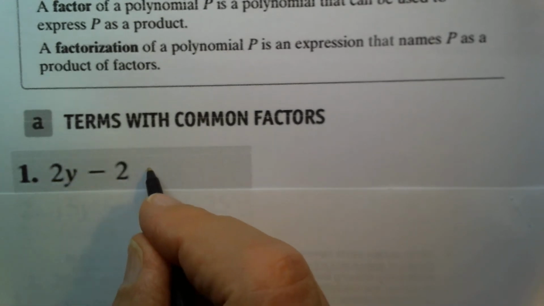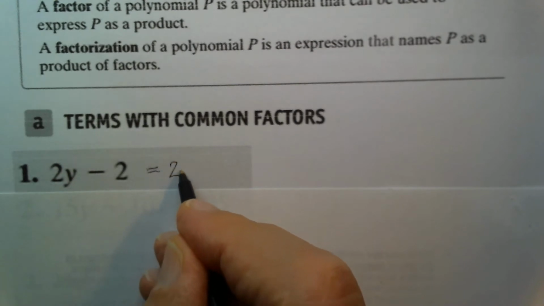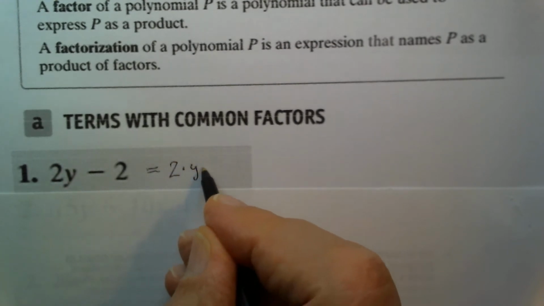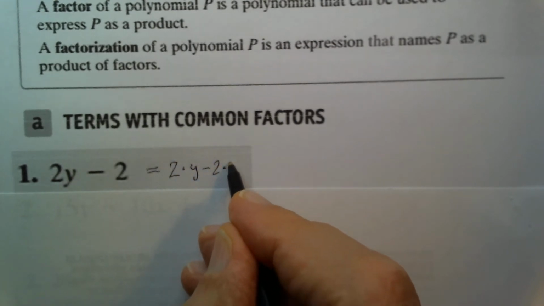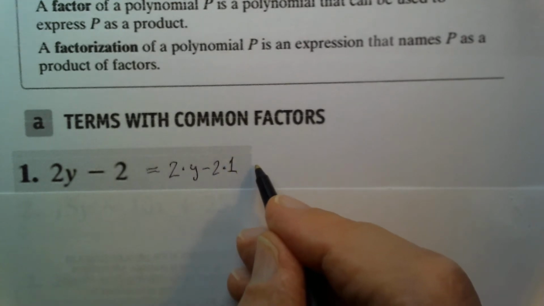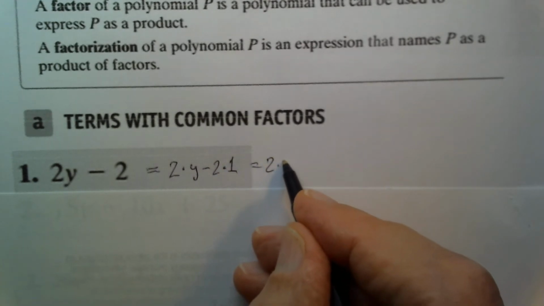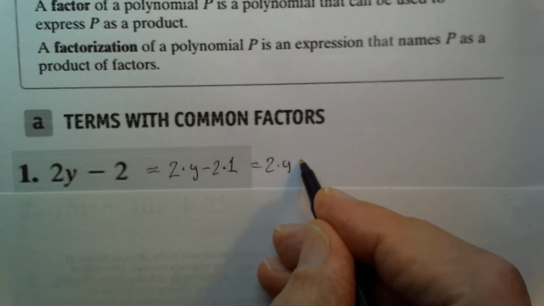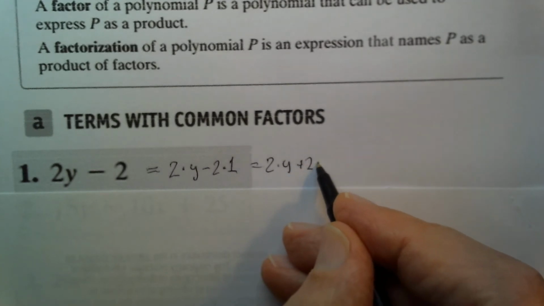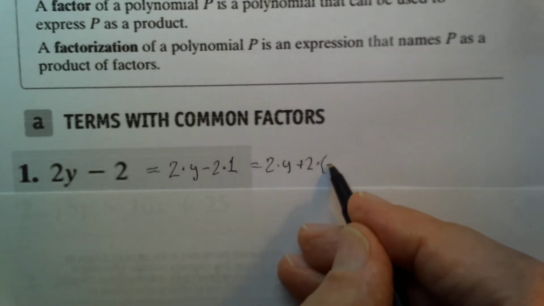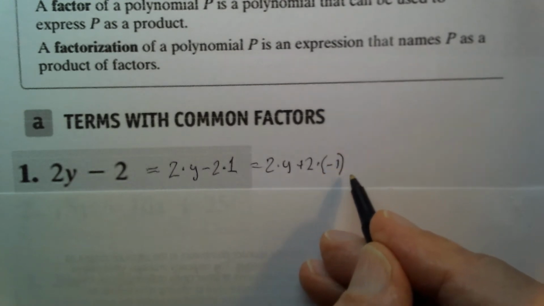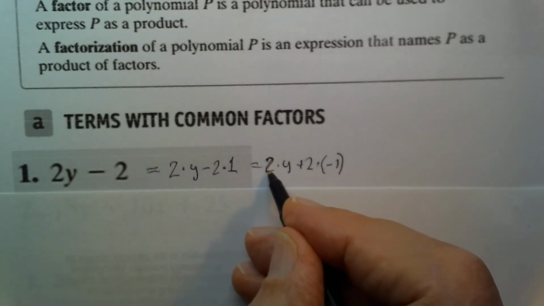And it becomes more obvious when we write this as 2 times y minus 2 times 1. Or better yet, 2 times y plus 2 times minus 1. So now we see that 2 is a common factor.